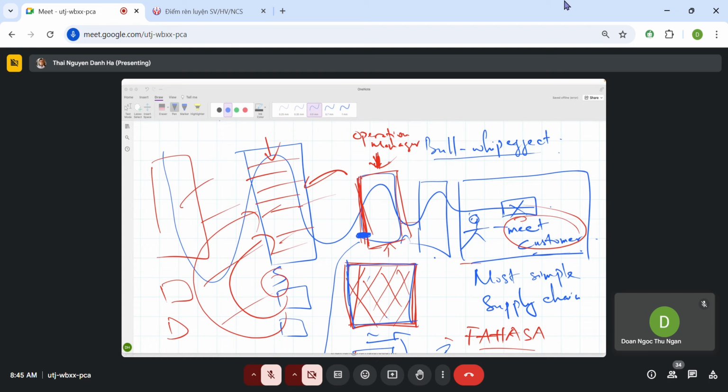Same with the moon cake. Whenever a company plans the moon cake production for the moon festival, you can see that we need to prepare at least 6 months before the moon festival.